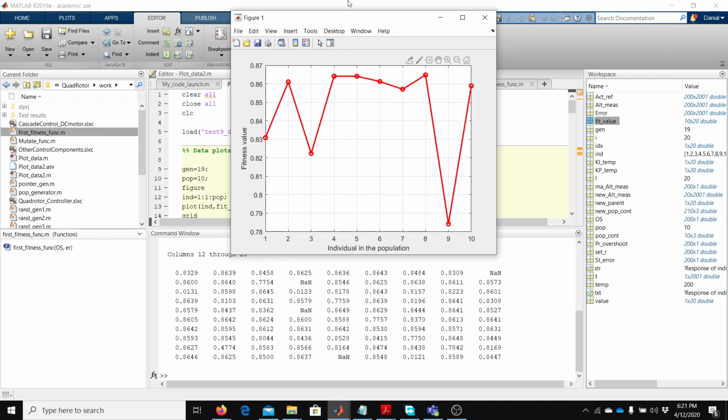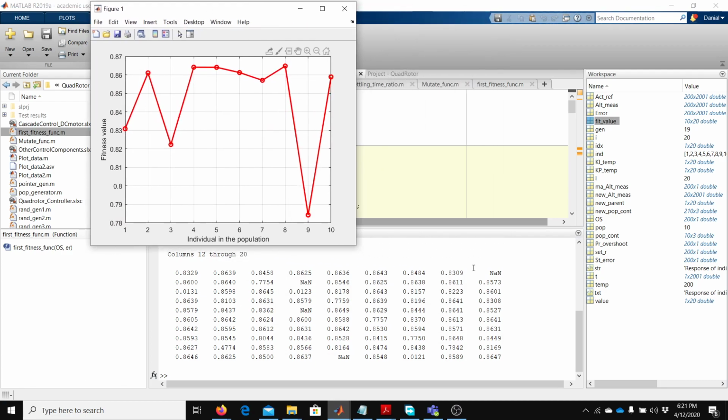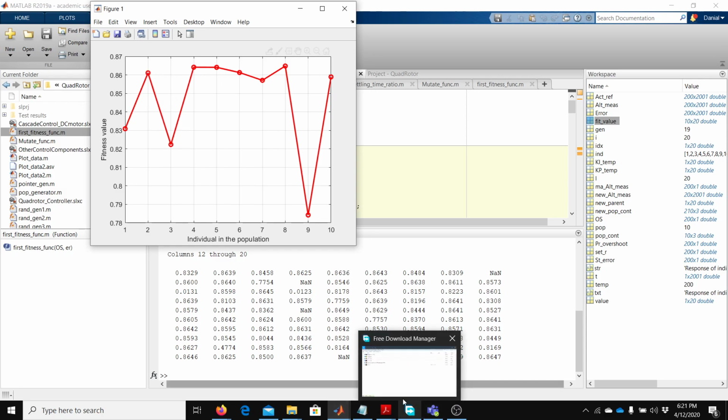This shows you the fitness of each individual in the last generation, so there should be 10 values over here. One of them is NaN, so it's not plotted, but these are the best possible values that we could achieve for our last generation, and these are particularly good. You can see that they range from 0.78 to 0.87. So these are quite good individuals in our population.